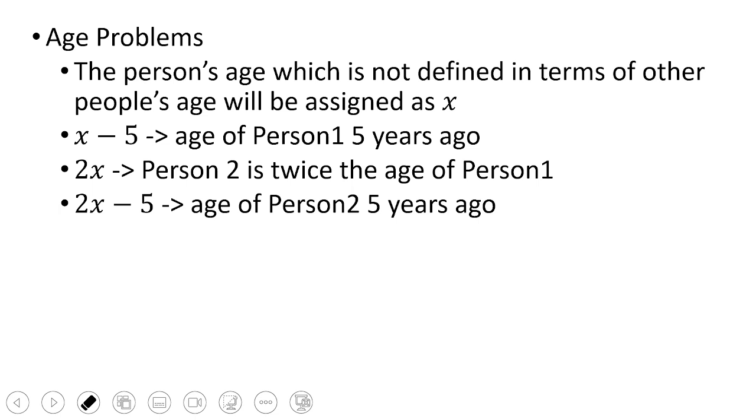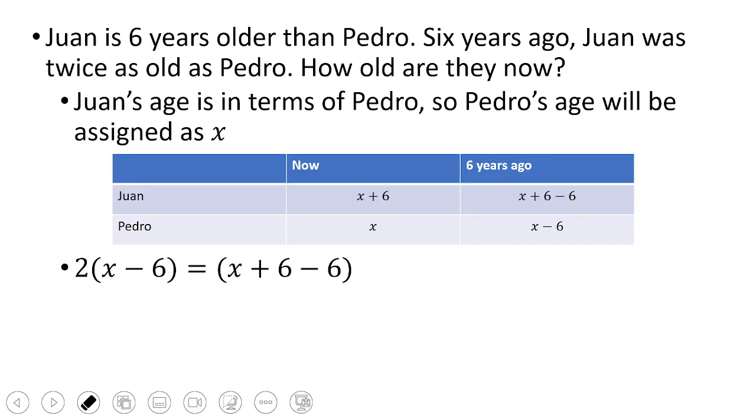So the person whose age is not defined in terms of the other, his age will be assigned as x. And depending on the conditions given, we will make a mathematical expression for the age of the second person.